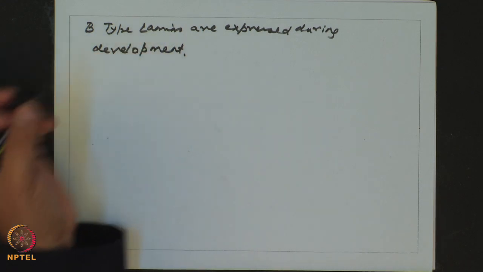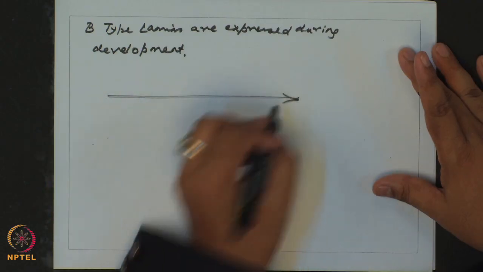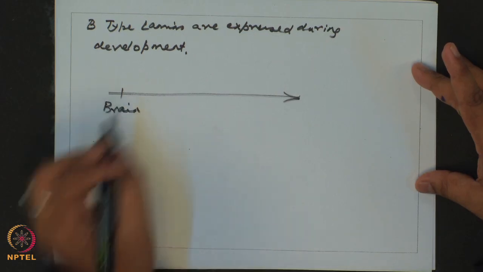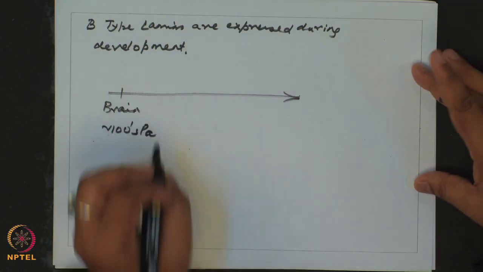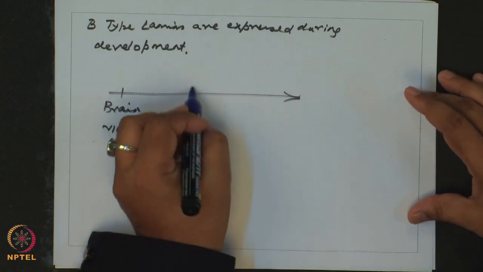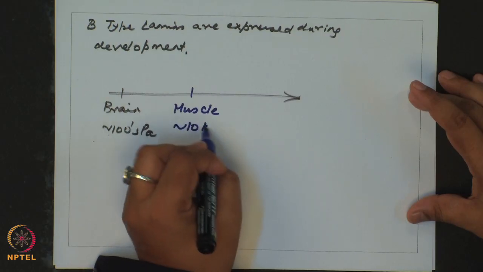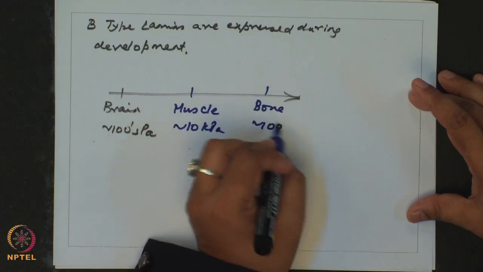Now, you know that within the body you have this entire tissue stiffness scale, right. So, brain being hundreds of pascals, to muscle order 10 kPa, to bone, collagenous bone order 100 kPa.